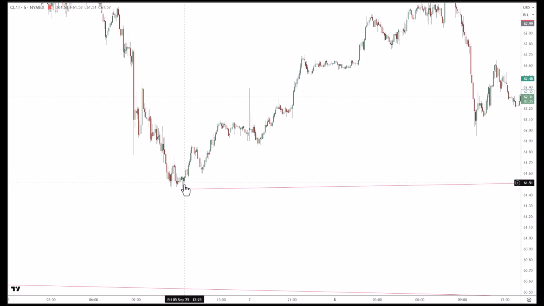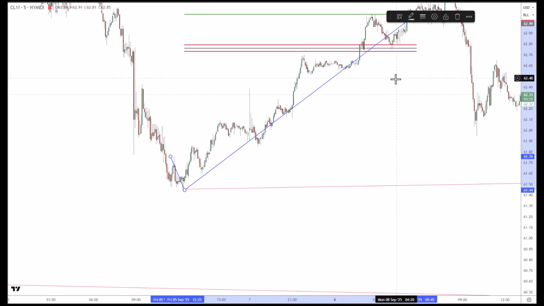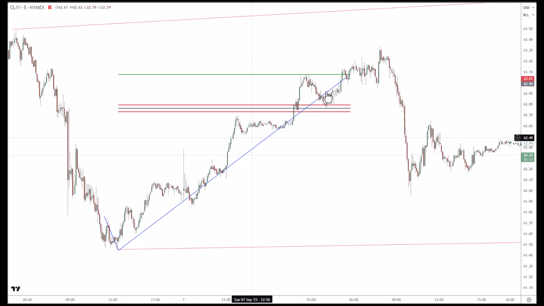We call this the LSB, the last swing broke. Very often this measurement is going to be of interest. If you take that swing measurement, you can see it almost repeated it there, and at some point you usually do get a repeat of the swing length on this swing.